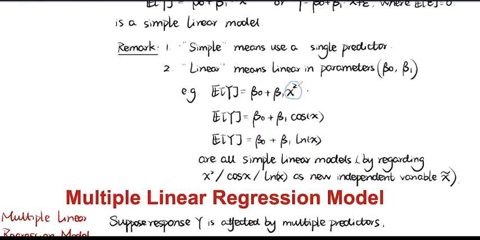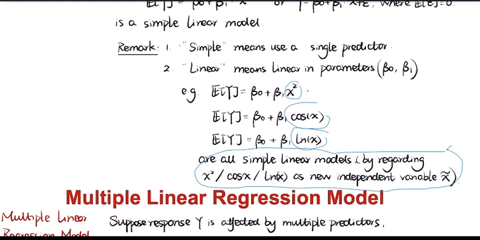We could have x raised to power 3. Take a look at this. We no longer have s, it's the cos of s. Here we no longer have s, it's the natural log of x. That was why I said s squared, cos of s, log of s as a new independent variable. Take a look at that. So we can have different scenarios, different situations where that is going to be appropriate.